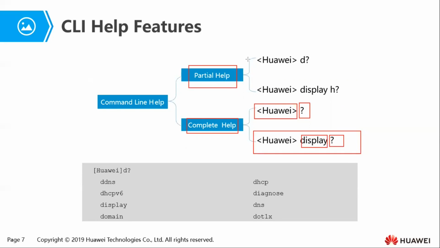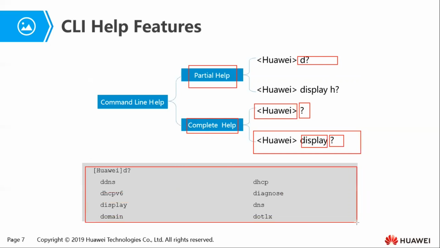Now to partial help. Partial help is you remember maybe the keyword starts with a D, but you don't remember the entire keyword. So you do D and then question mark. So it will bring you all the commands that begin with a D. So this particular illustration here shows an example of a partial help.